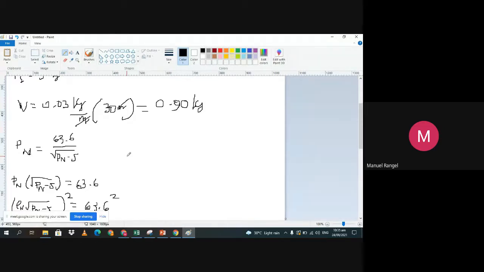Six. So, 17.81. So, dili siya equal, no? 17.75 is not equal to 17.81.